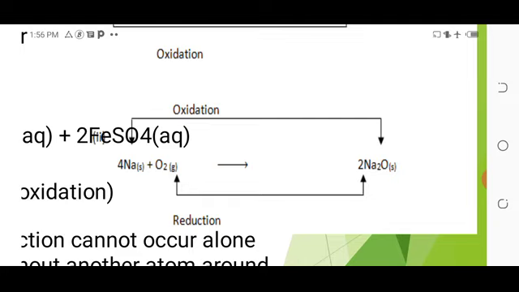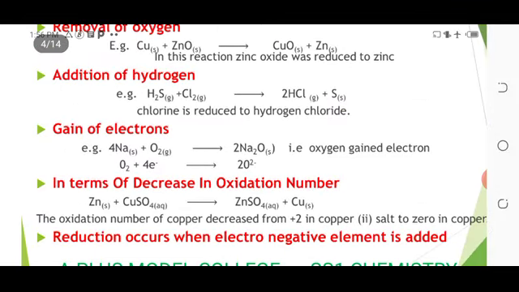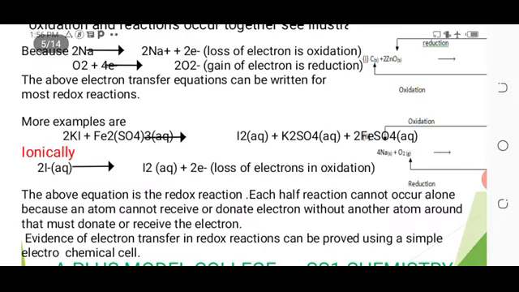We have from 0 to -2, because the oxidation number of oxygen in sodium oxide is -2, yes. In oxygen gas it is 0. You can see there's a gain of electron, just as when we discussed reduction as the gain of electron. That is really what I want to discuss there.